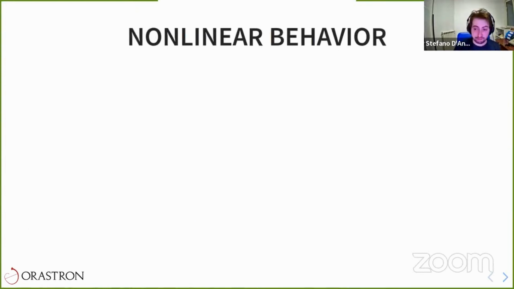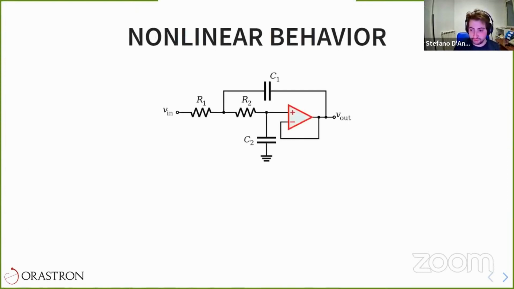Then finally, if it's not enough, all of what we've seen until now, there is also non-linear behavior. Now, this is also another complicated thing, perhaps even more complicated than the previous stuff.